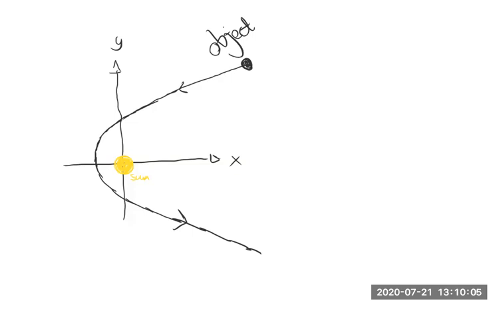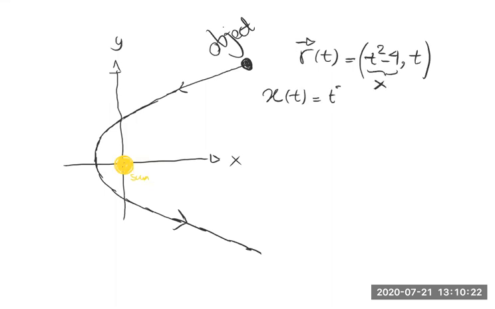Suppose this trajectory, which is a curve, is given by this parametrization: t squared minus 4 and t. It means x as a function of t is the first component, t squared minus 4. y as a function of t is the second component.